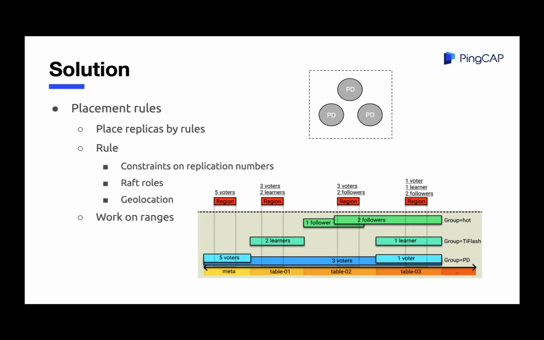And for some not important ranges, you may just reduce the replica count to reduce cost. So the solution may not solve all problems, but it solves most of the requirements.